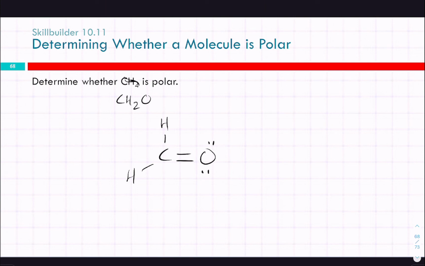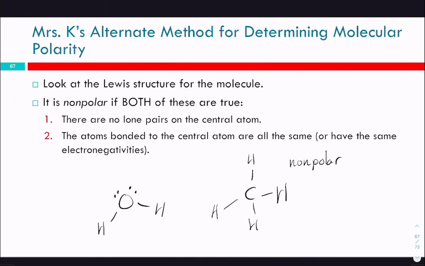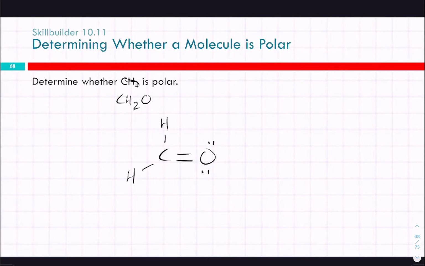Nonpolar. Why do you say it's nonpolar? The rules you just said, they all have to be the same atoms, and then oxygen is a different atom, and then there's lone pairs too. Oh, I see what you're saying. Yeah, there are lone pairs here. Usually it's lone pairs on the central atom, but that doesn't make you wrong in this case necessarily. Because you said nonpolar?